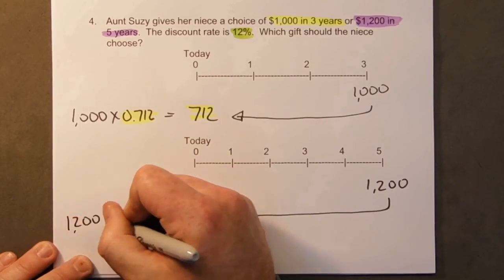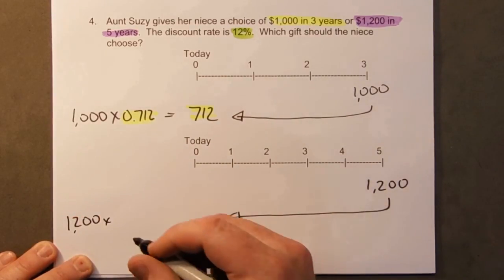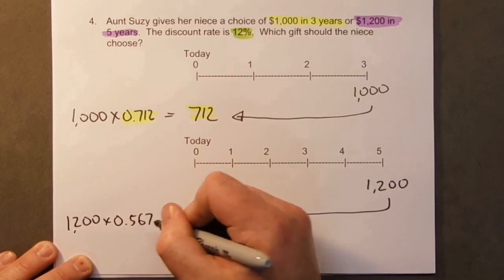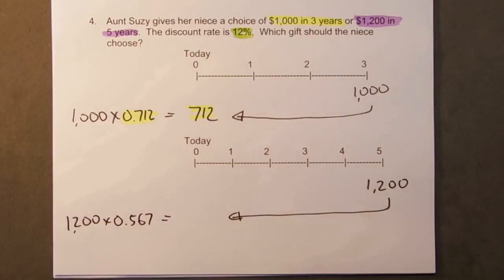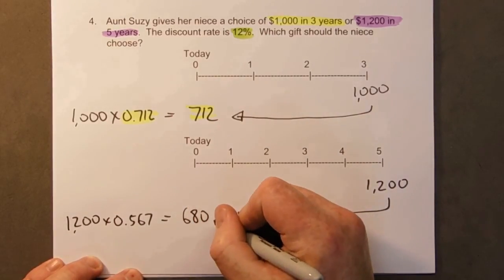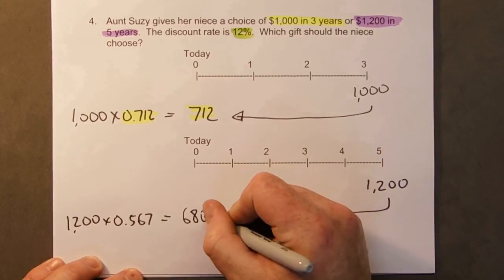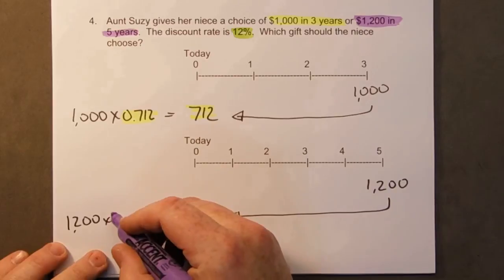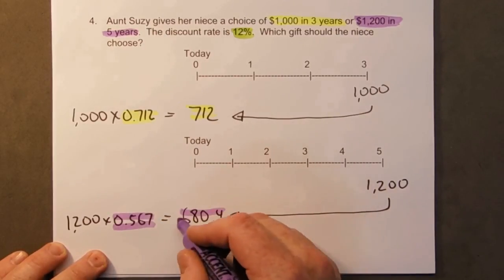So 1,200, and each one of those dollars is worth 0.567, a little more than 56 cents, 57 cents, somewhere in there. So we're going to multiply that out. So $680.40. Again, that just comes from the table.